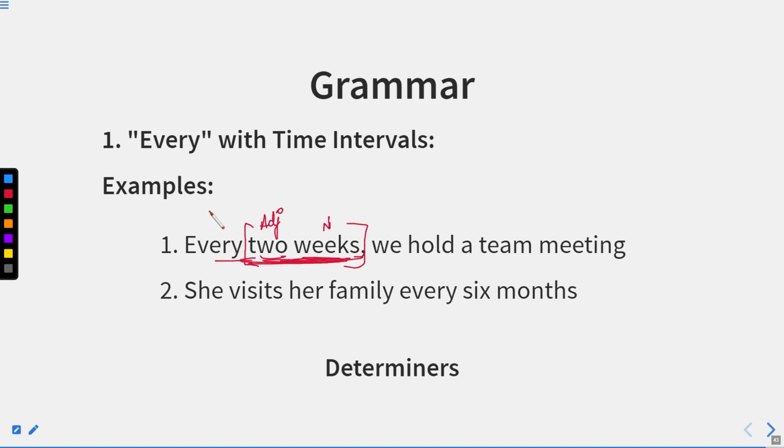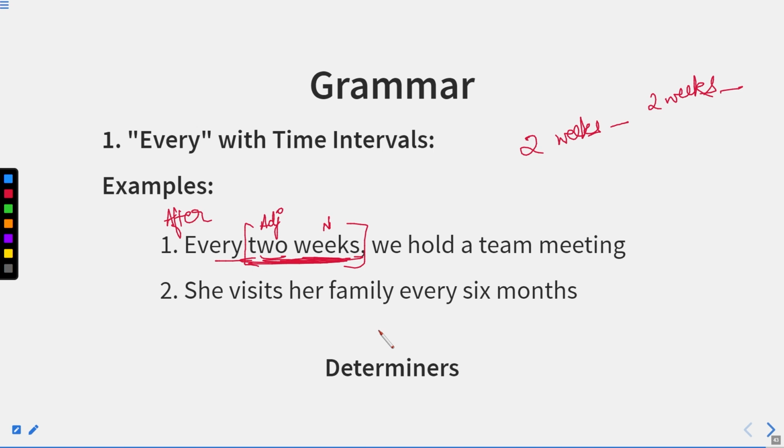Now every 2 weeks, it means every 2 weeks we hold a team meeting, or you can say after every 2 weeks. Suppose I say after every 2 weeks, it means whenever 2 weeks pass, we hold a meeting. After that, again, when 2 weeks pass, we hold a meeting. So this is how we can use the every structure with a particular time duration.